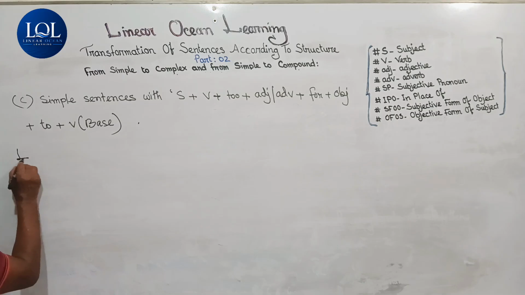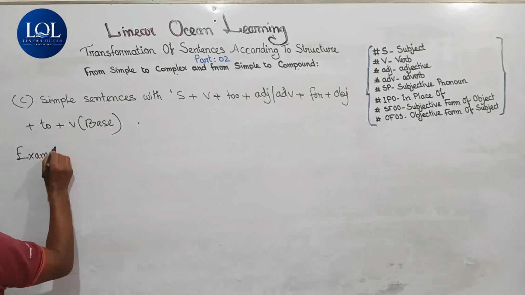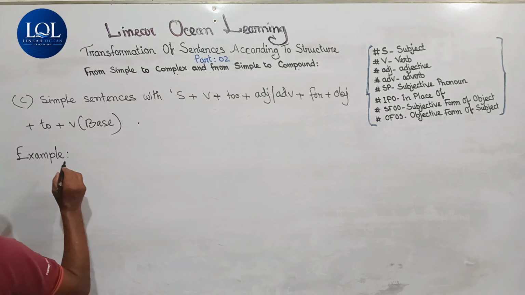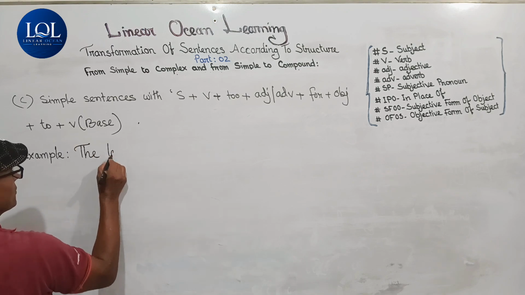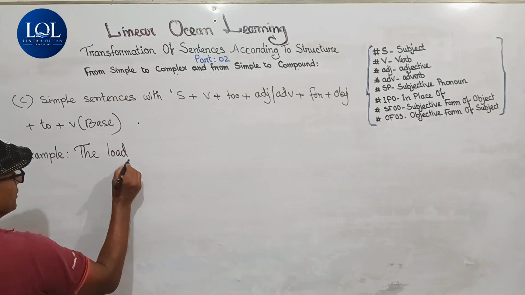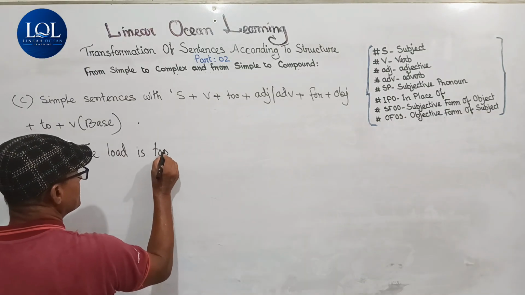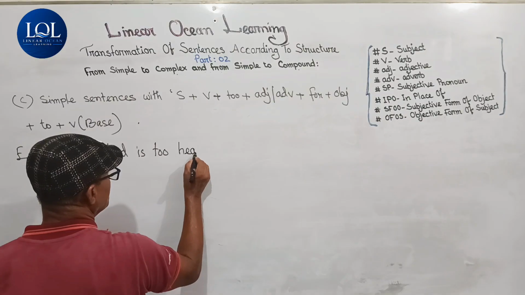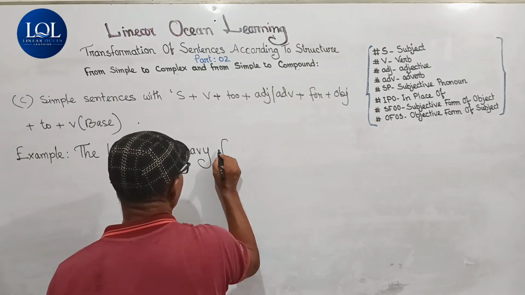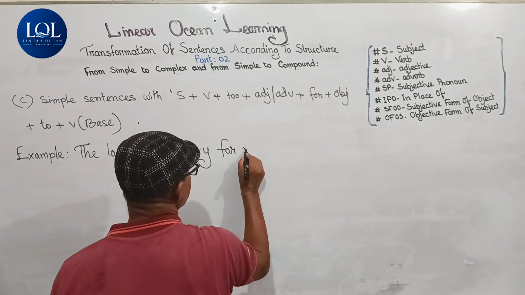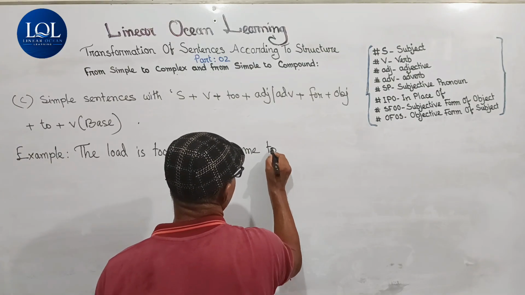Example: the load is too heavy. Heavy is the adjective. For me, me is the object. For me to carry.